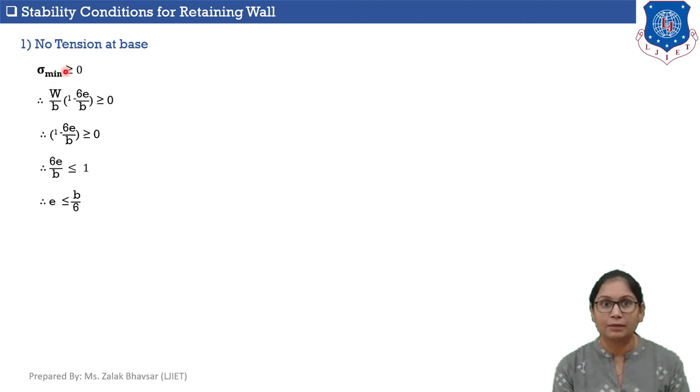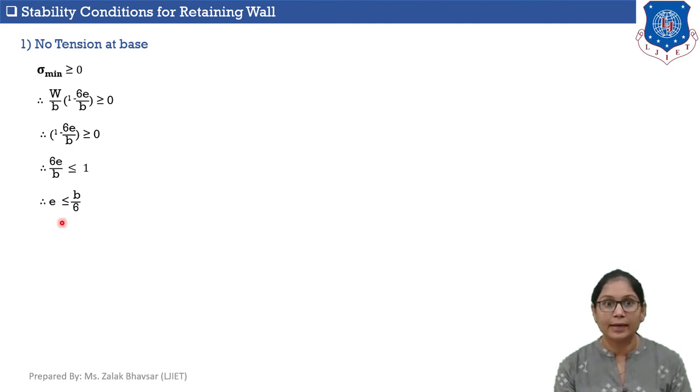Now we know that sigma minimum is W by B in bracket 1 minus 6E by B. So it should be greater than or equal to 0. So we can say that 1 minus 6E by B should be greater than or equal to 0. So 6E by B should be less than or equal to 1.